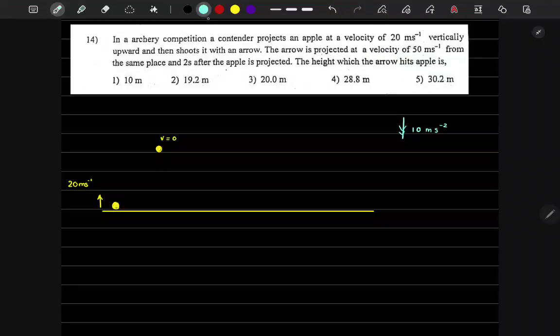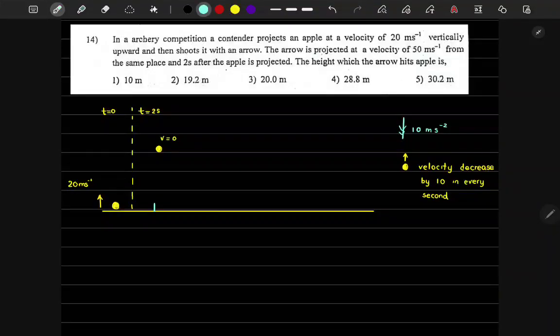So what happens is, in every second the velocity of an object projected upwards decreases by 10. So after 2 seconds, if this is t equals 0, this would be the apple.